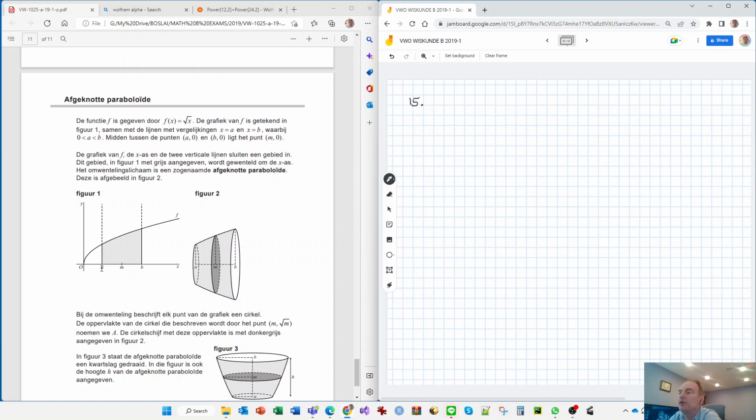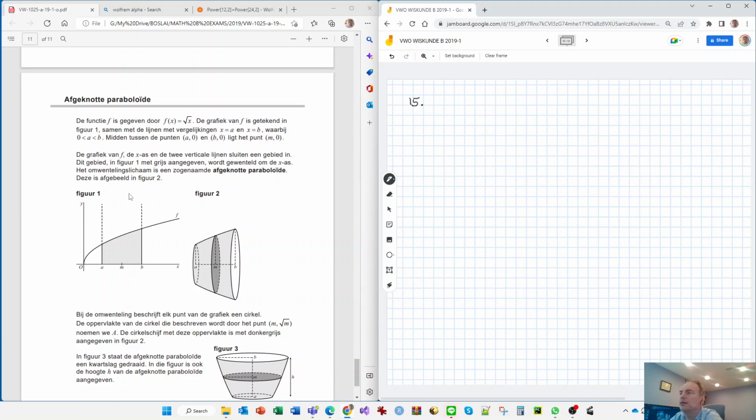And then we have 2 points A and B, and a point M in the middle. And now I can do the rotation around the x-axis. So you get an omwentelingslichaam, which is called like a rotational solid.